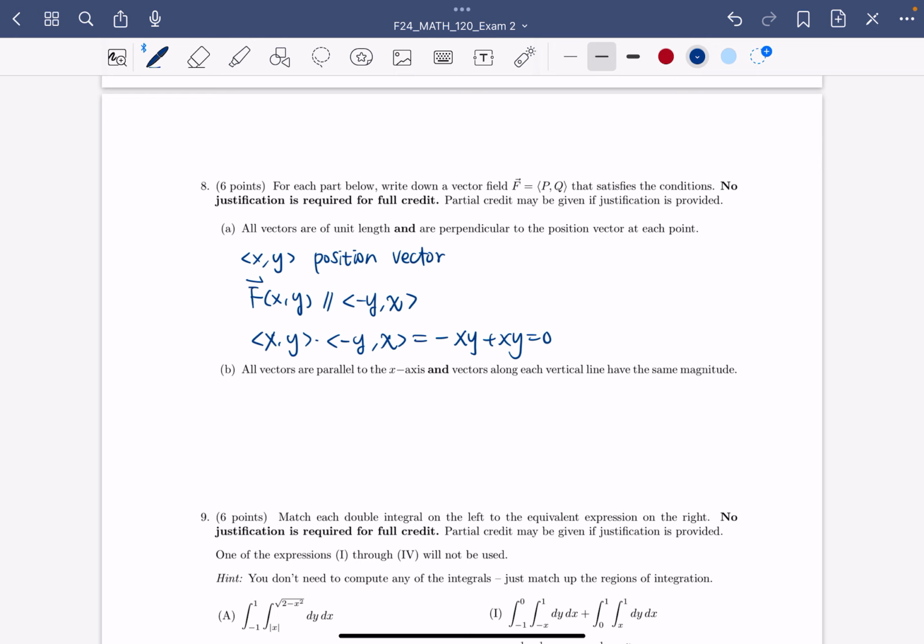But every vector has to be of unit length, so we can choose f(x, y) is (-y, x) over the square root of y squared plus x squared.